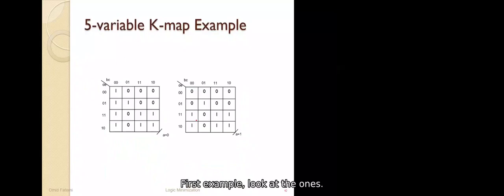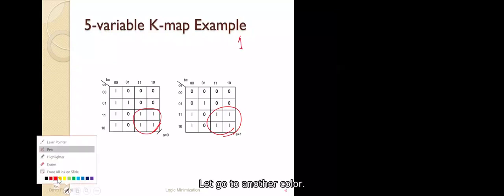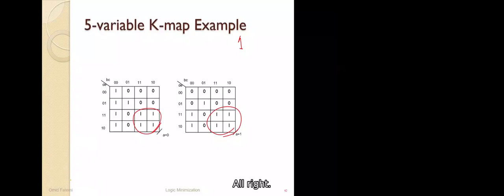First example. Look at the ones. Let's find the implicants. The first thing that I can see when you put them up to each other, that this one and this one, they are implicants and they are adjacent. So our first one has 8 ones, so 1 is red. Let's go to another color, orange.